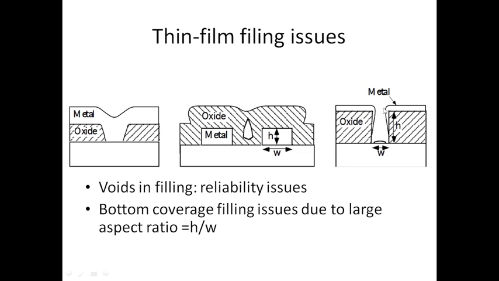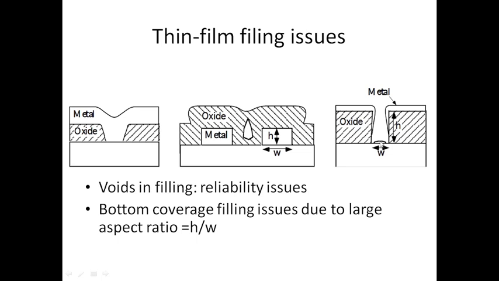And if you can see here, this is the bottom coverage. So we expect this bottom should be filled with the metal, but because of this higher aspect ratio, where we have the width very small compared to the height, there is a poor bottom coverage. So this bottom is not at all covered here, the full length is not covered.